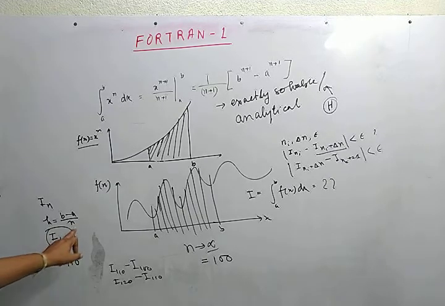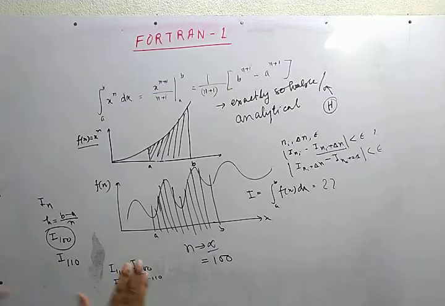Here the parameter is n, the number of sub-intervals, and we need to judge the value between two successive n values, and such a process has to be repeated a large number of times. So this is the main point that I want to emphasize.